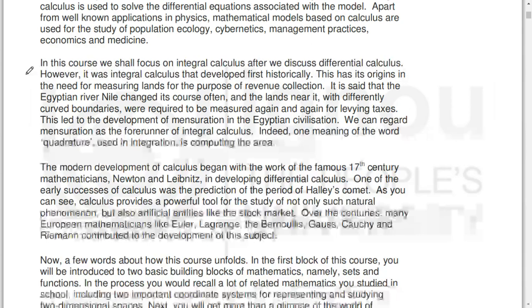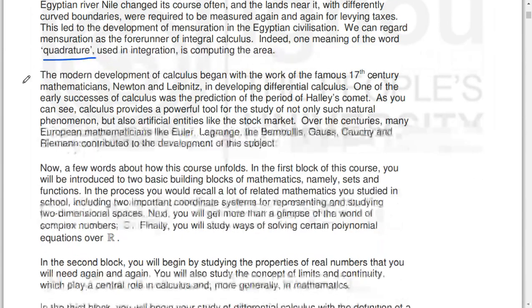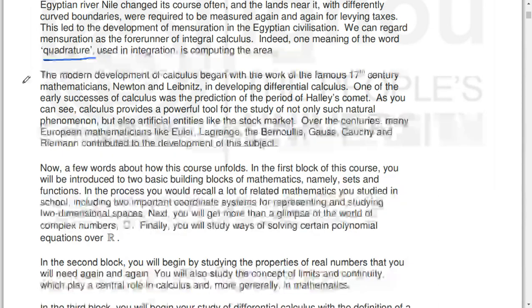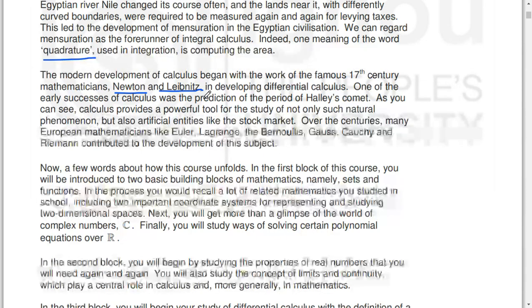Indeed, one meaning of the word quadrature used in integration is computing the area. The modern development of calculus began with the work of the famous 17th century mathematicians Newton and Leibniz. In developing differential calculus, one of the early successes of calculus was the prediction of the period of Halley's comet.